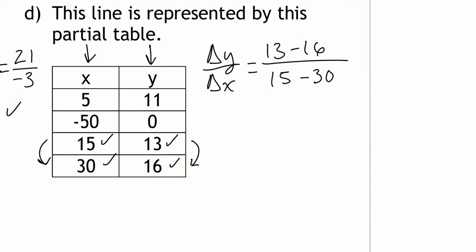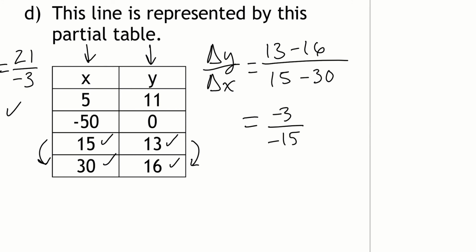Well, 13 minus 16 is negative 3, let's get that right. 13 minus 16 is negative 3. And then 15 minus 30 is negative 15.